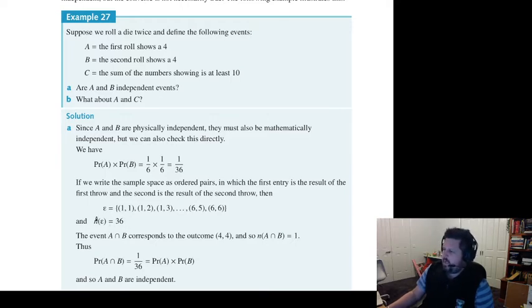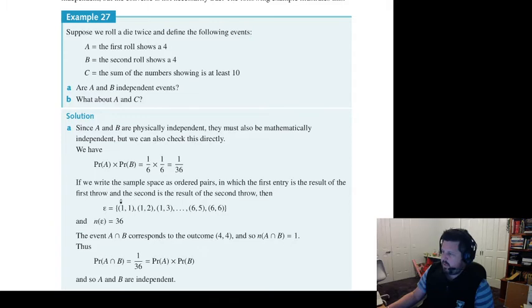So the event A intersection B corresponds to the outcome where, it says here, the first roll is a 4 and the second roll is a 4. So again, that would be the ordered pair 4 then a 4. In that particular case, the number of ways in which you can get A intersection B is 1.